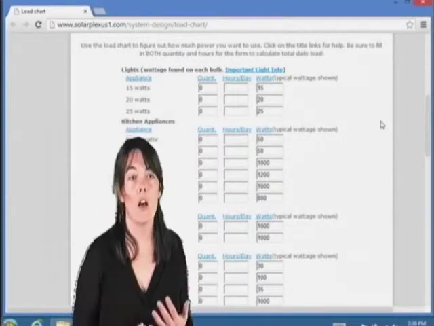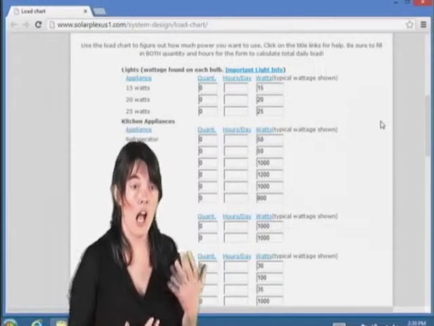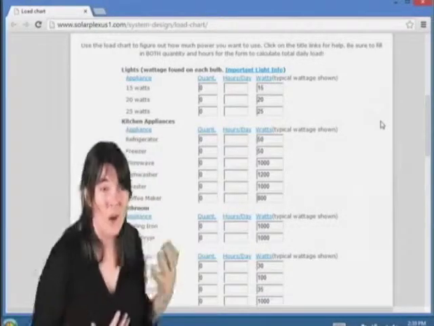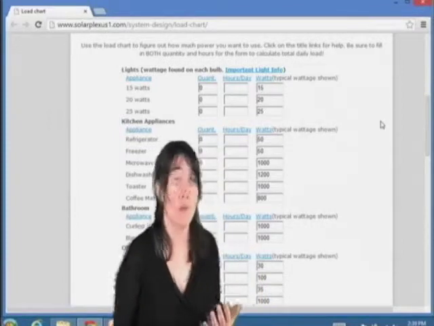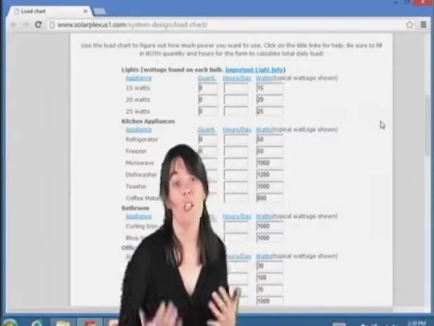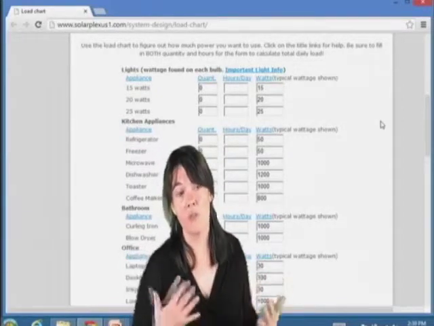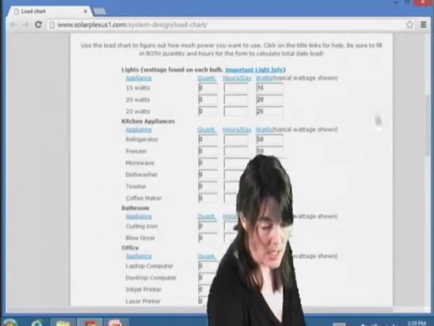You can maybe count how many computers you have in the school. Are they all running at once? Is there a different way that they're being used? Is there a way that you can have them in a power saving mode? Do they have a sleep mode? Can you turn the computers off when they're not being used? All of those things are things to think about. So if we go down here just a little farther, it's going to tell us.